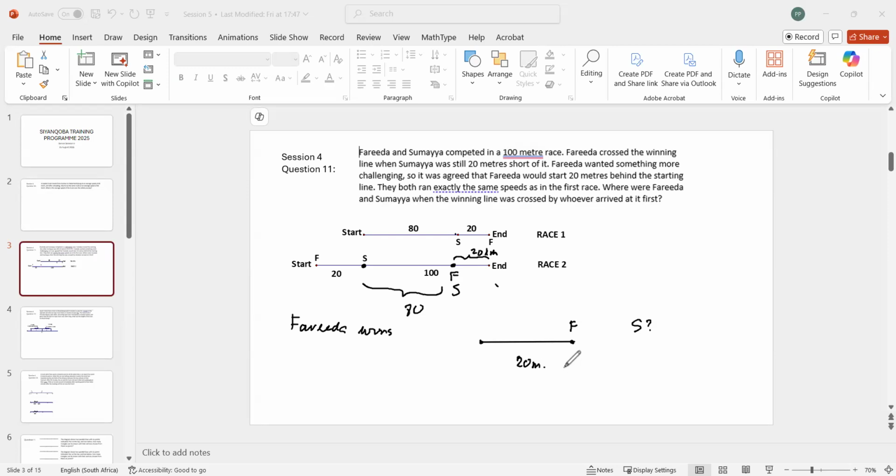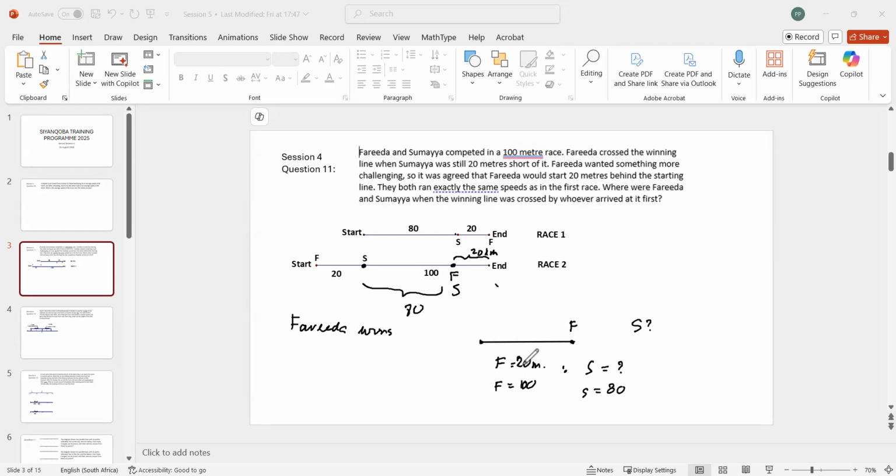Now that's a nice, interesting question because Farida runs 20 meters, and you want to know F equals 20, S is equal to what? So how many meters does Sumaya travel? But we know that when F is 100, Farida travels 100, Sumaya does 80.